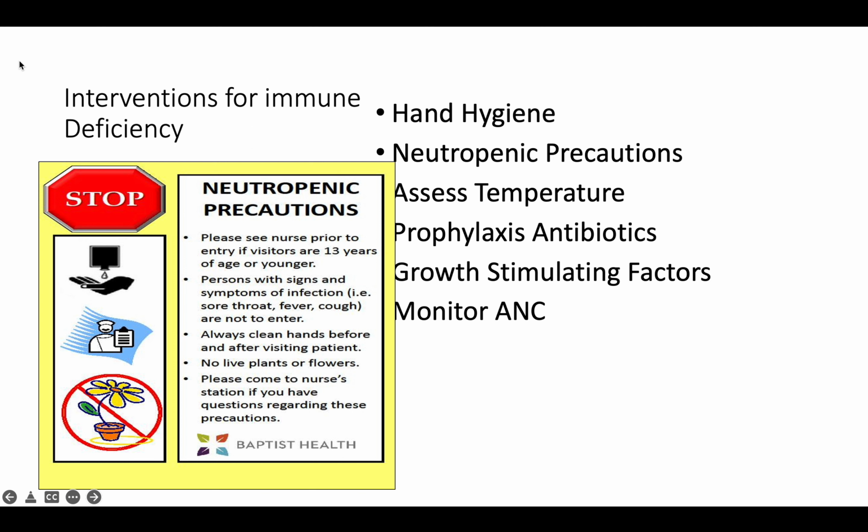We typically limit fresh flowers and fresh vegetables because of the bacteria that they can possibly carry in. Once that absolute neutrophil count rises above 1,000, we can decrease the frequency of using these neutropenic precautions, but many times patients wish to use them just to protect themselves from anything that they might catch.